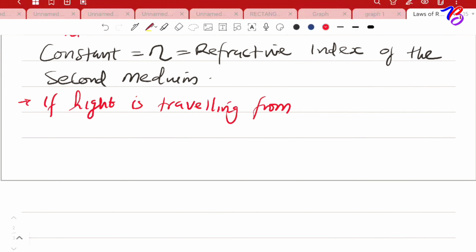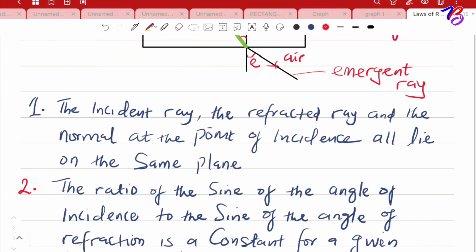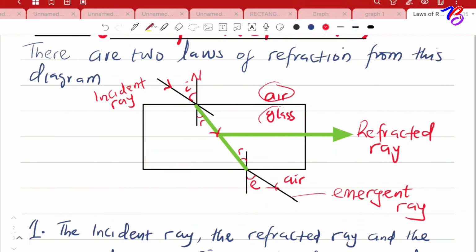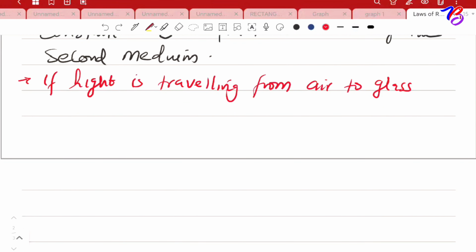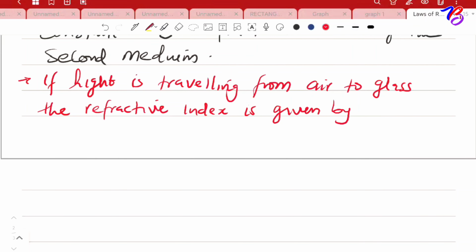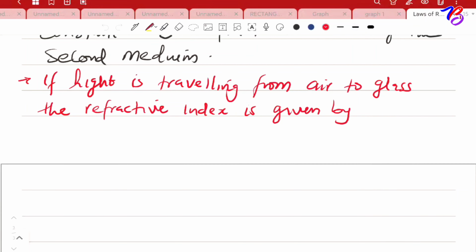So if light is traveling from, let's say, air, okay, it travels from air to glass, then what will be your refractive index? Let's look at it. This air to glass. Now, this ray of light will penetrate through the glass prism. Now then it will bend. So the refractive index, which is n, is given to be, let's write that.